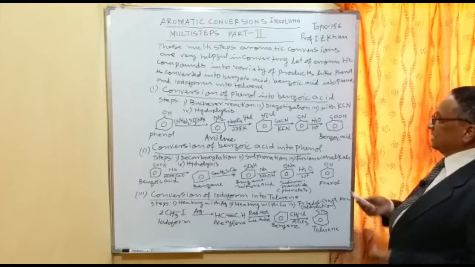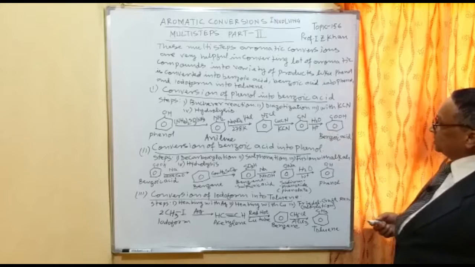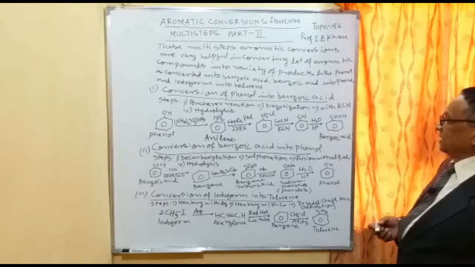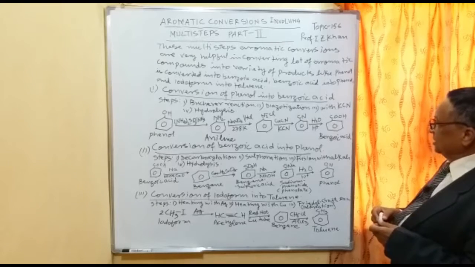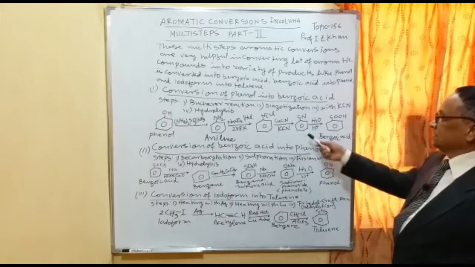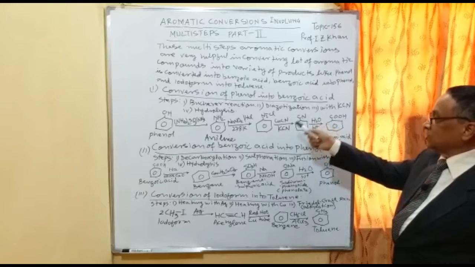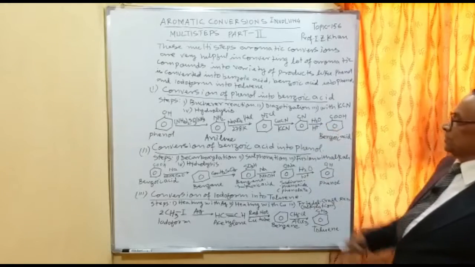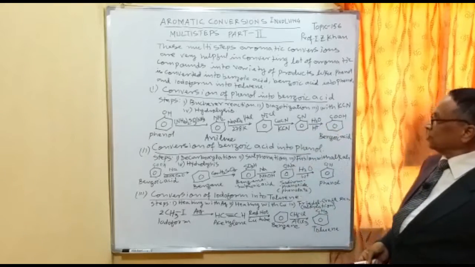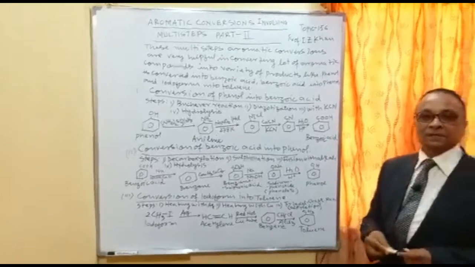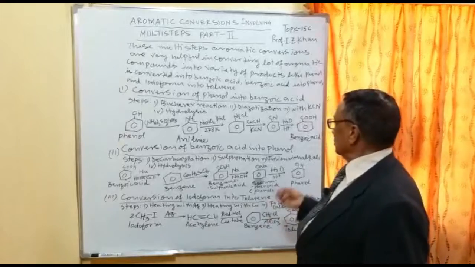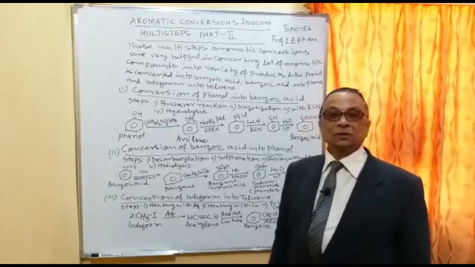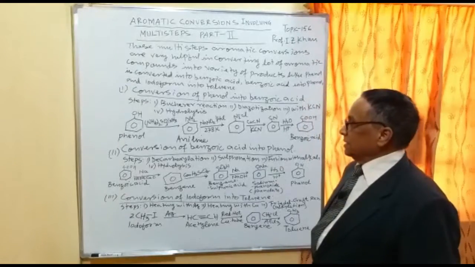It is converted into diazonium salt, and then it is treated with CuCN. You will get the cyano product, where the cyanide group is substituted in place of the diazonium group, and then it is subjected to acid hydrolysis. In the presence of acid, it is converted into benzoic acid.